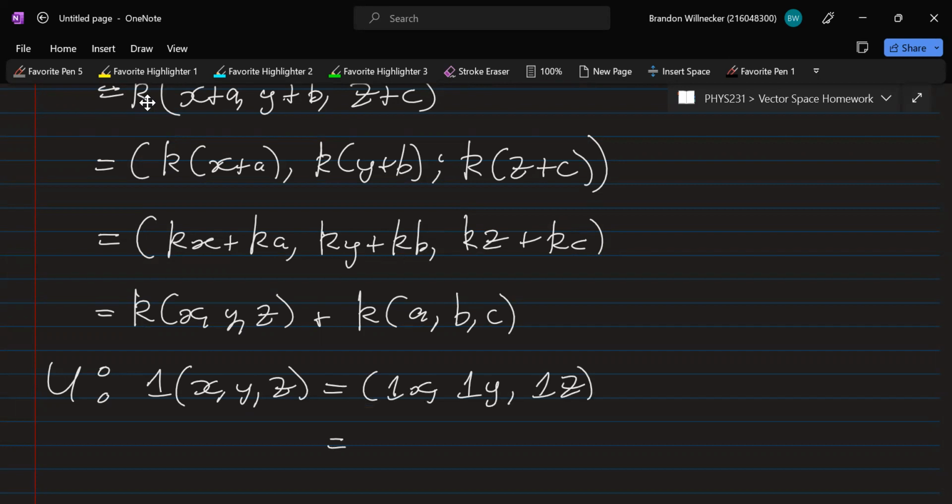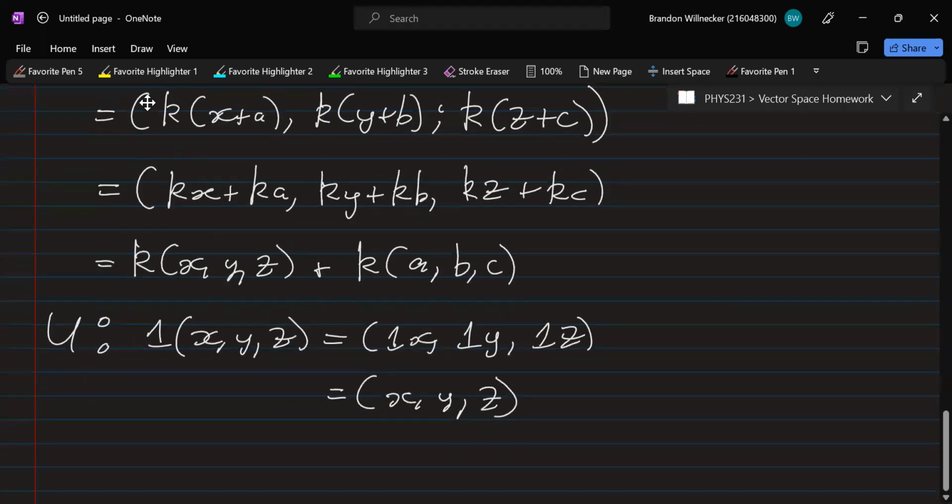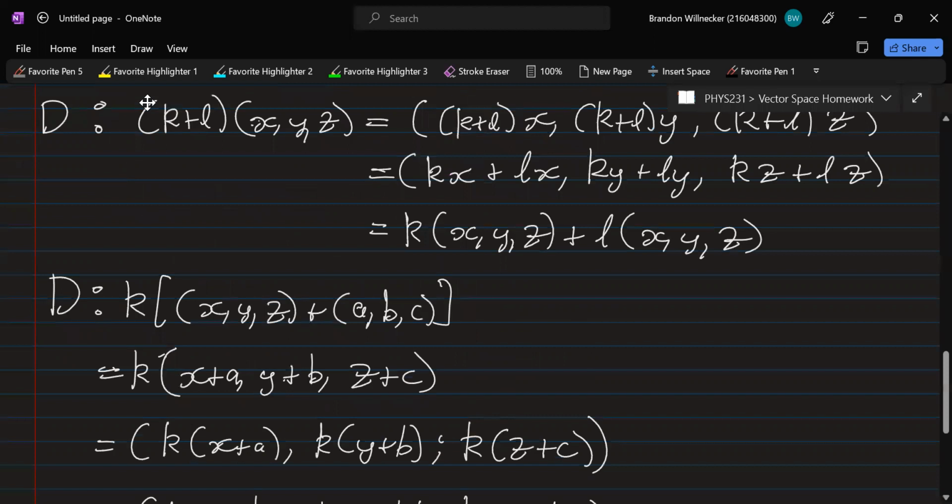But now all the elements inside there are just real numbers. 1 times x is just x, 1 times y is y, 1 times z is z. So we're left with (x, y, z). Okay, but that is our original vector we started with, which means scaling by the unit from the field leaves the vector unchanged. Okay, so this is quite a long process, but it's important to understand the inner workings of these operations.